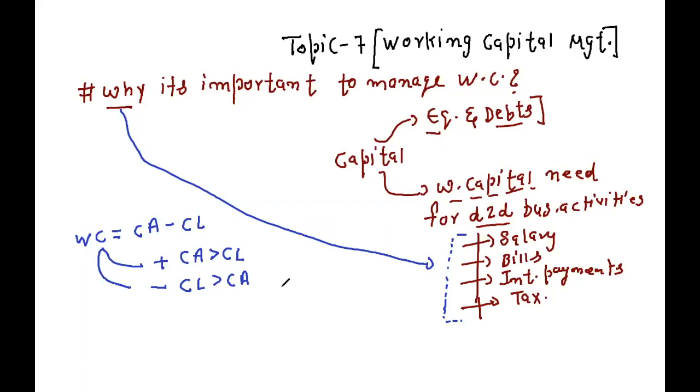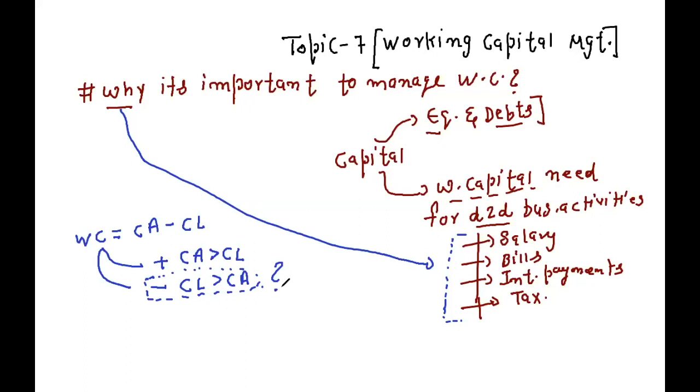Negative working capital means, of course, our outflows are more than inflows, which means we're running out of money. So we need money. If we are running out of money, how can we get money? Again, we have to choose different sources of finance that we already discussed in previous sessions.